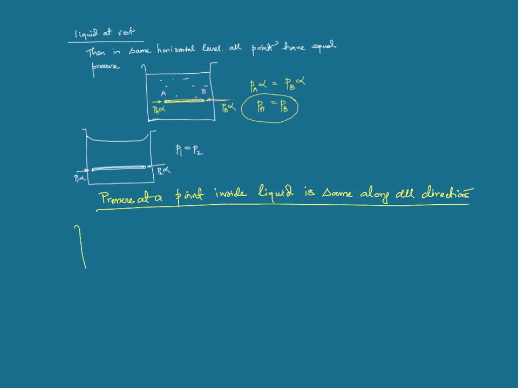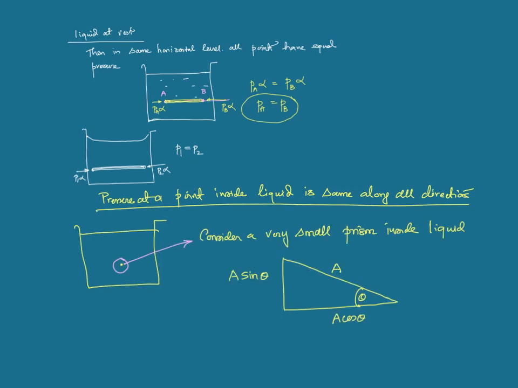In order to prove that, suppose this is a vessel and this is a point. Inside the liquid we consider a very small prism at this point.